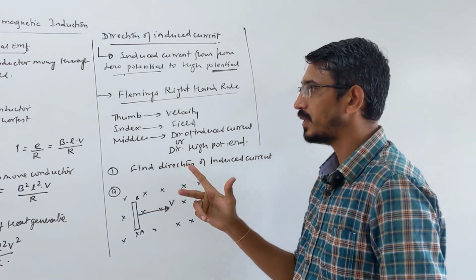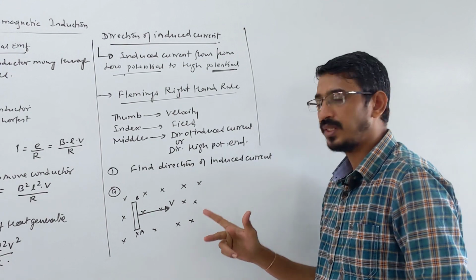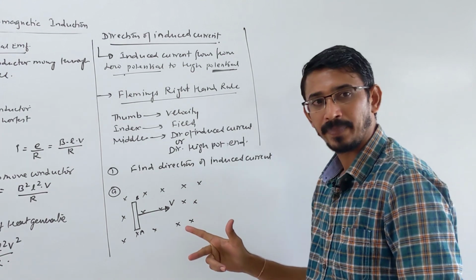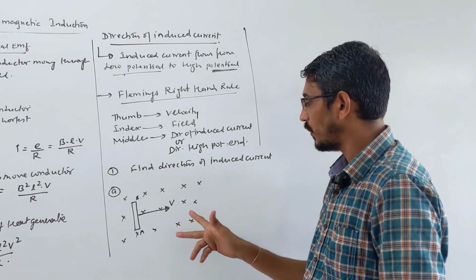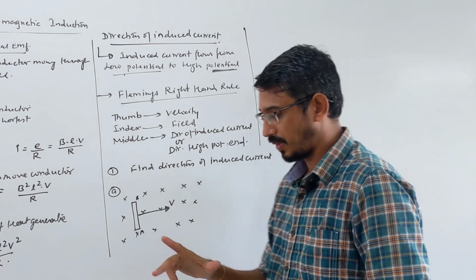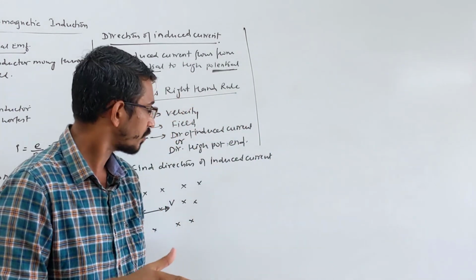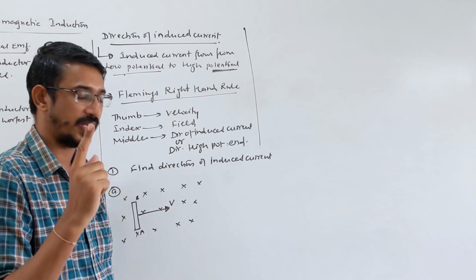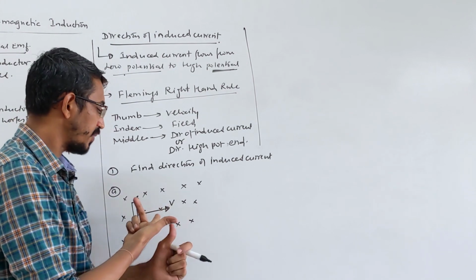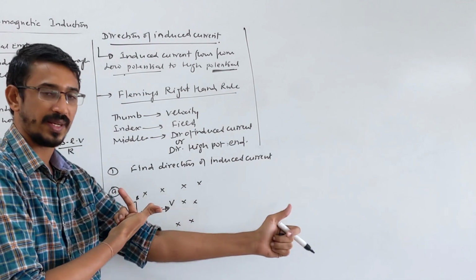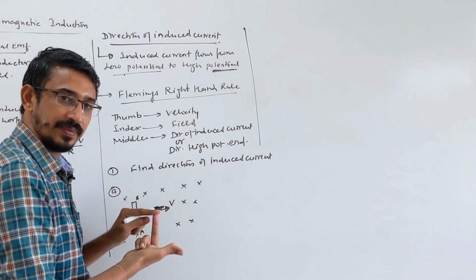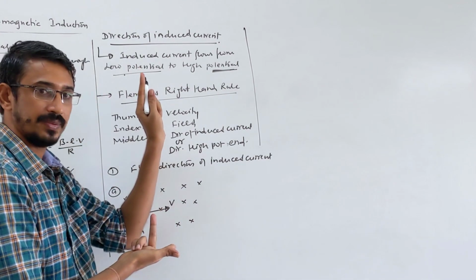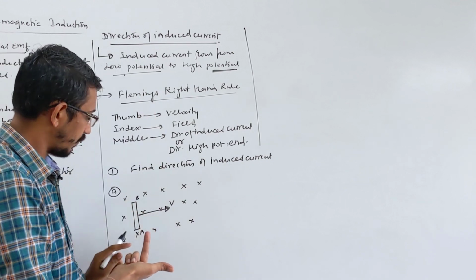Okay, let's see. This is your hand. Let's see, velocity. I have to adjust it this way. The field is going inward, the index finger shows the field going inward, the thumb shows velocity, the conductor is moving towards the left. So my middle finger is pointing upward. Correct? Yes, upward.